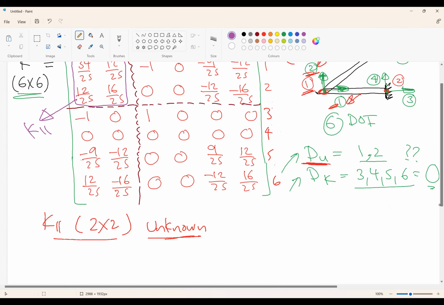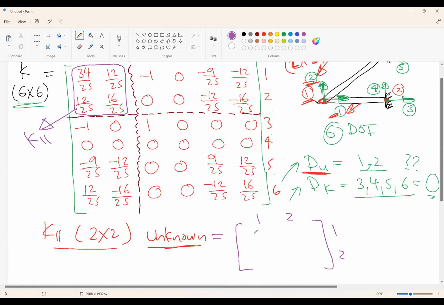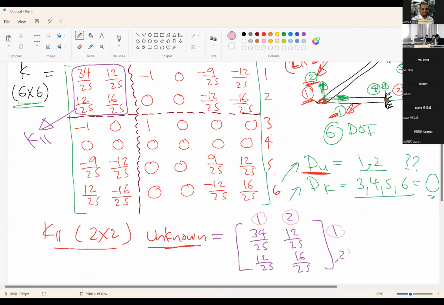So K11 will be the elements with the order 1, 2, 1, 2. So it will be 34 over 25, 12 over 25, 12 over 25, 16 over 25. Okay. Does anyone have any question about this?